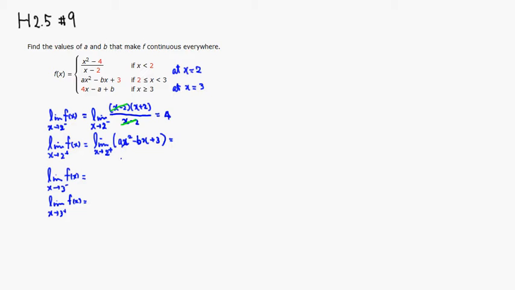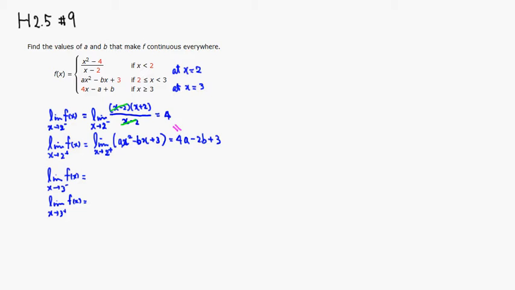So a times 2 squared, so 4a, and negative 2b plus 3. Since the limit has to exist at 2, we have to make sure that the left-hand limit and the right-hand limit are equal to each other.